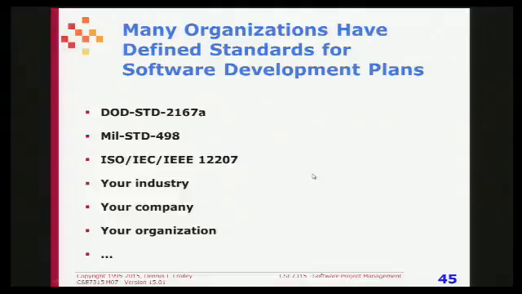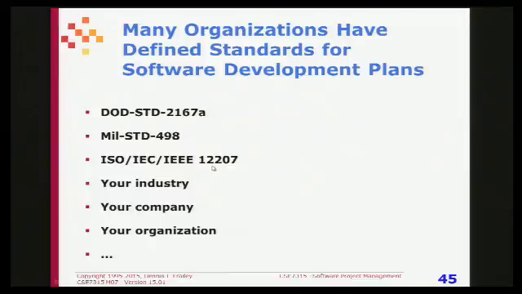So I'm not recommending that any one of these is the right model. I just wanted to go over briefly a couple of things. ISO stands for International Standards Organization, and I forget what IEC stands for, but IEEE is the Institute of Electrical and Electronics Engineers, an organization that plays a big role in computer-related standards.